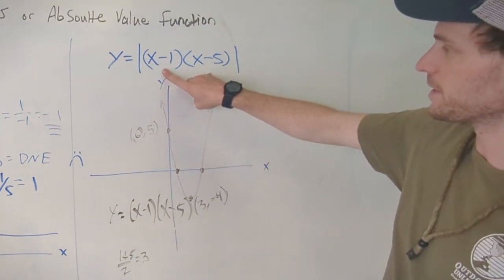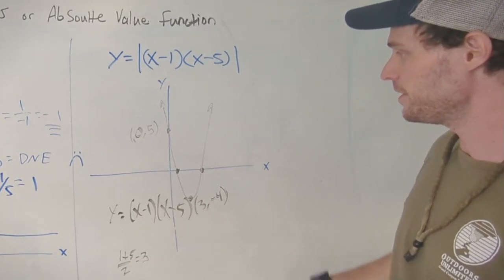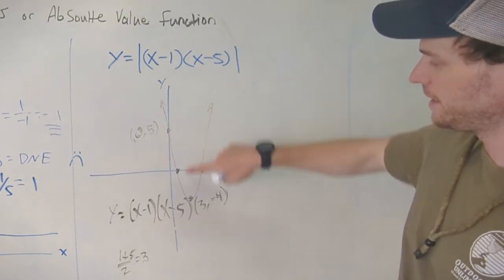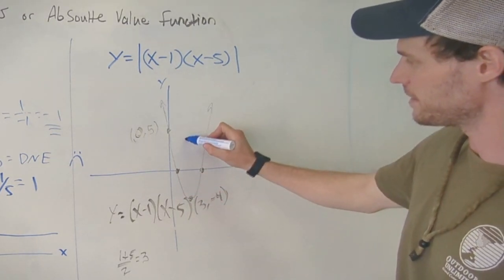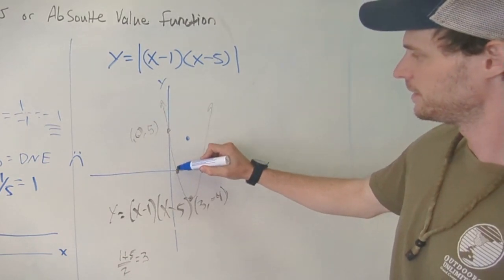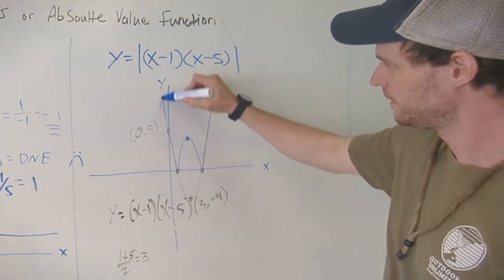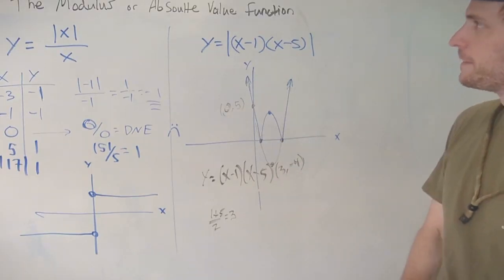The new stuff is the quadratic that's been absolute valued. All you're going to do, leave all these positive things alone. They don't have to change. Take all these negative y's, like negative 4, and send it to positive 4. So it looks like that, with this fun little bounce and corner over there.